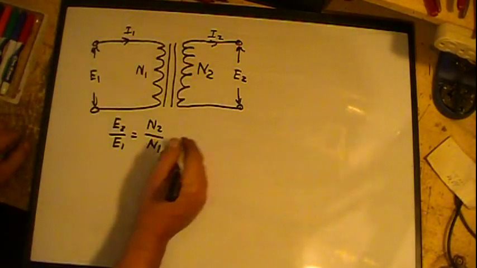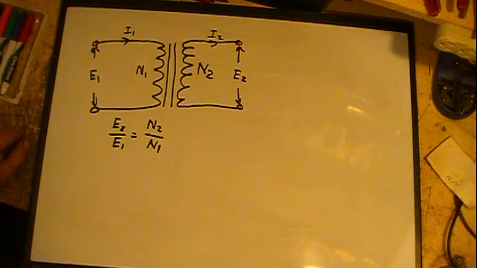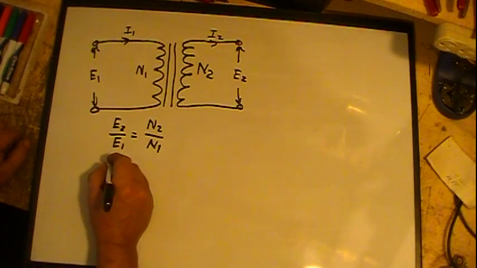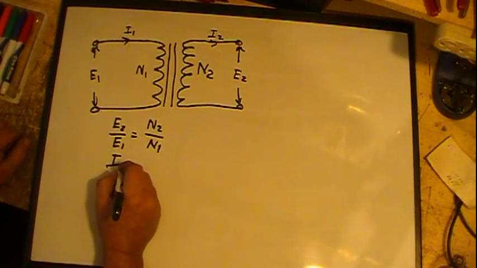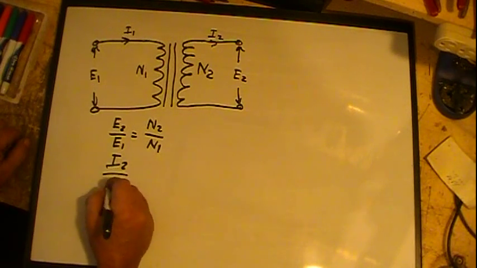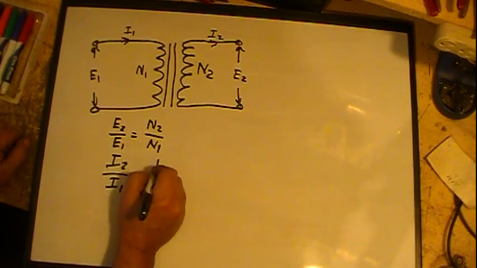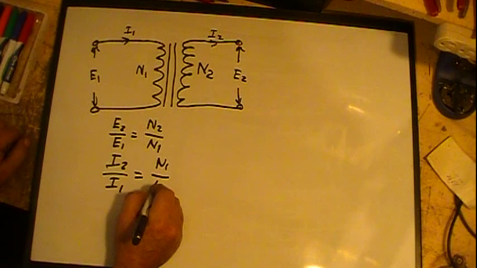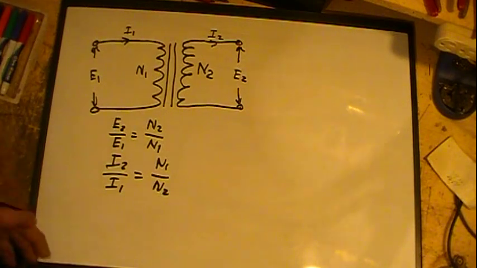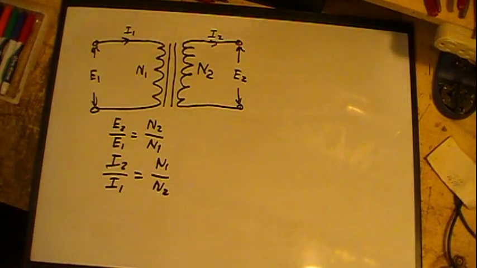What about current? Well, current, I2 compared to I1 is equal to N1 compared to N2. It's just the opposite.